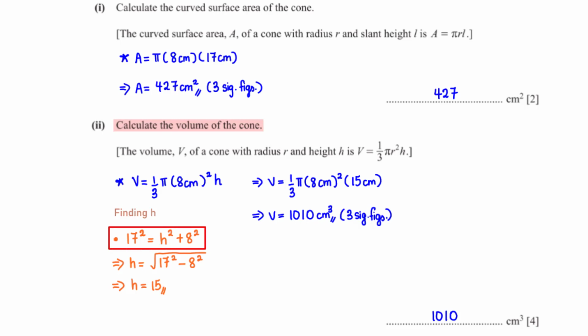This gives us 17 squared equals h squared plus 8 squared. When we make h the subject, this is what we have, which is equal to 15. So now we plug in the value of h into the volume equation. When we type this into the calculator, we get 1010 centimeters cubed, rounded to 3 significant figures.